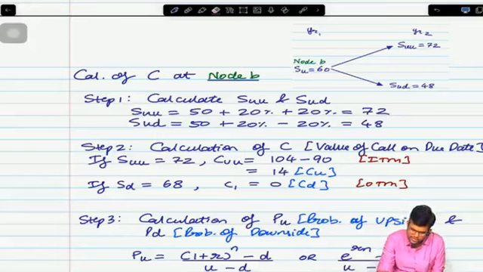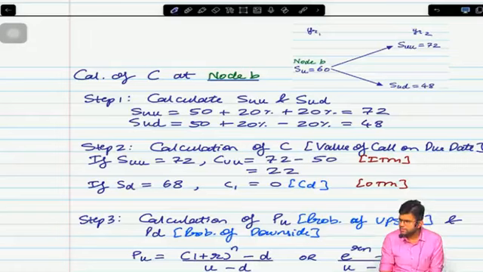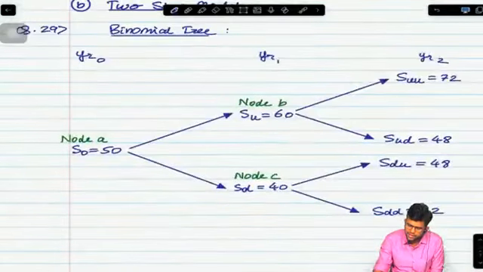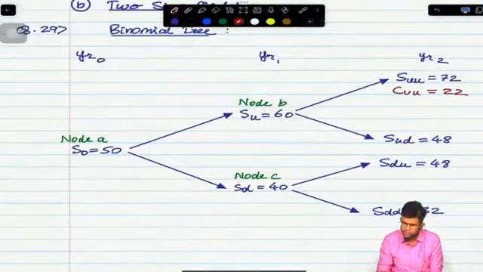So do you realize this thing will be 72 minus 50, 22. Am I making sense? 72 minus 50, that is 22. Getting clarity till here? You know where will I put this 22? I'll come here and I'll say that CUU is 22. Everybody sure understood?